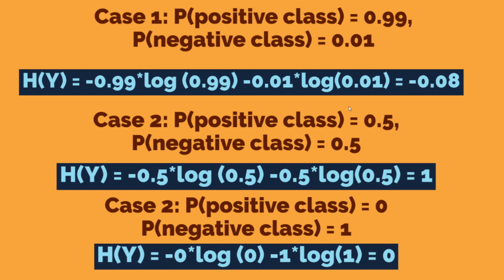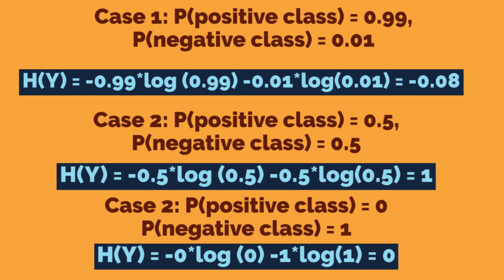Now let us discuss case 2. Here again we have the same two classes. The probability of getting a positive class is 0.5 and the probability of getting a negative class is again 0.5, which means that 50% of your data points have the positive class and the rest 50% have the negative class.